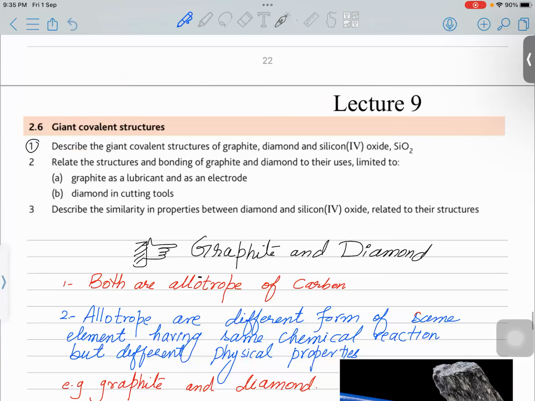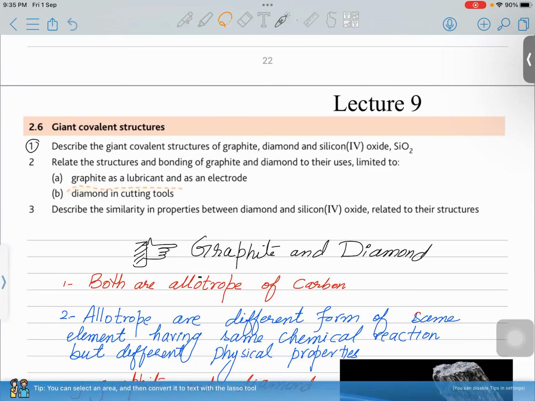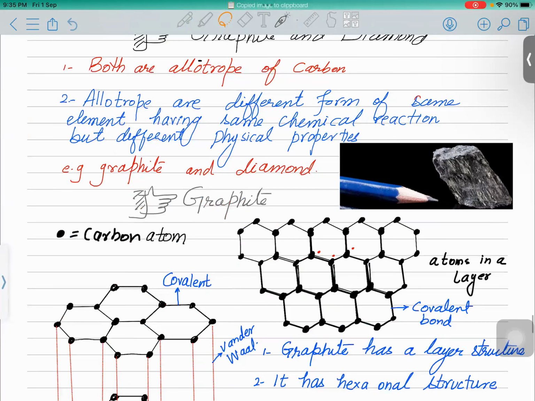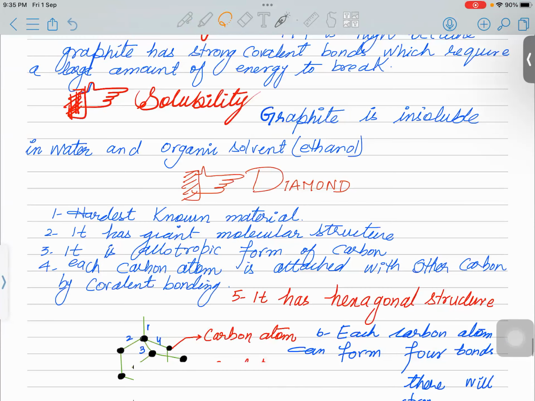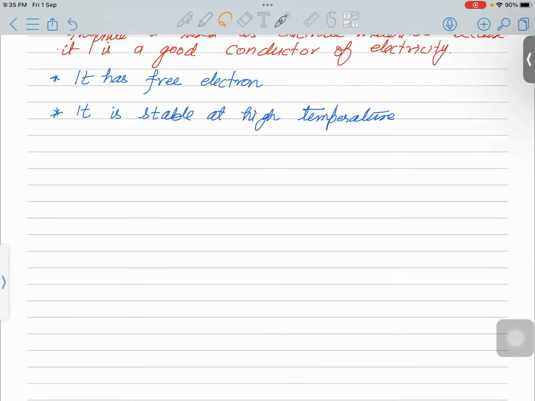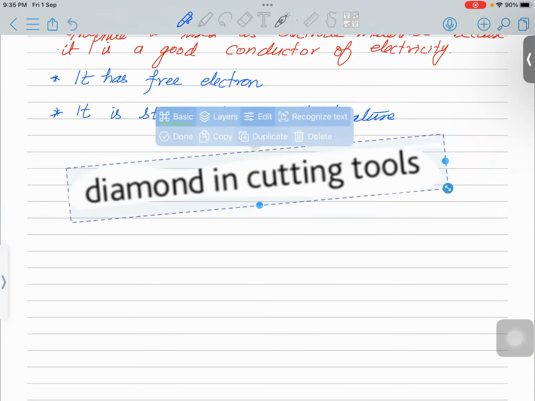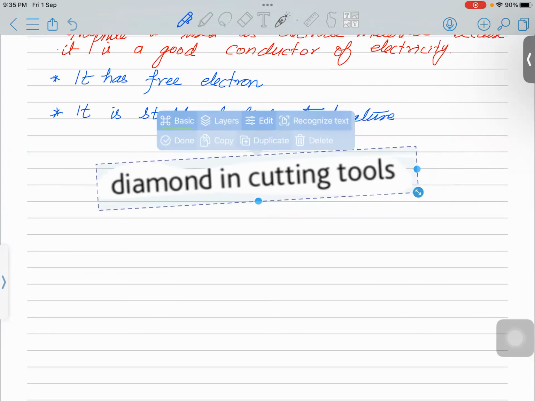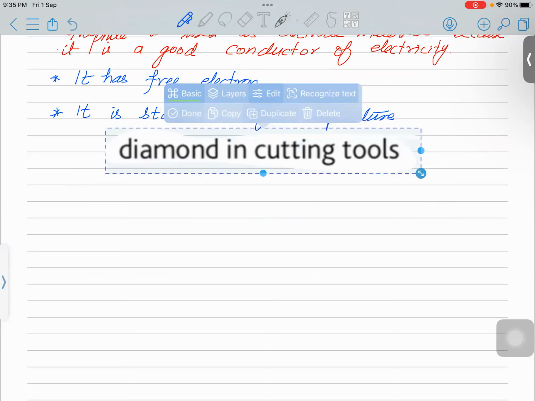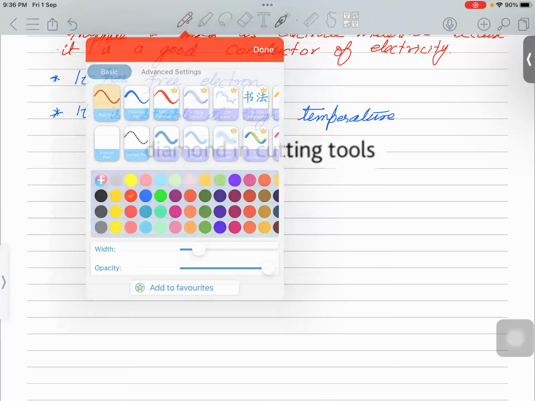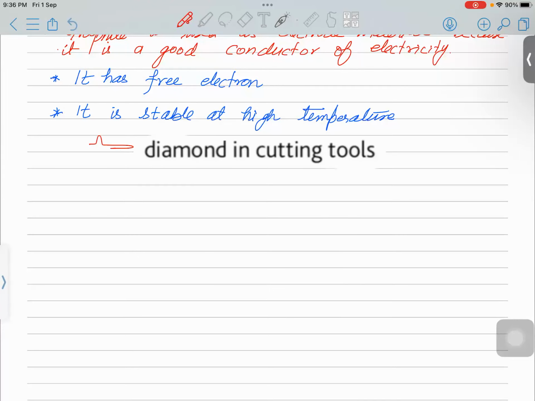Sir, diamond is used as a cutting tool because it's the hardest known substance, so it is hard and strong, and we can cut many things through it. Very good. Because it is very hard, that's why diamond is used as a cutting tool.